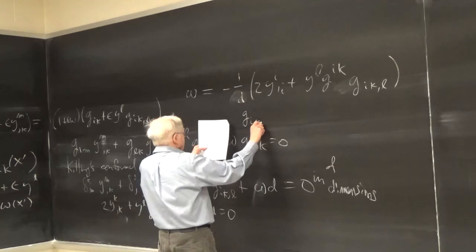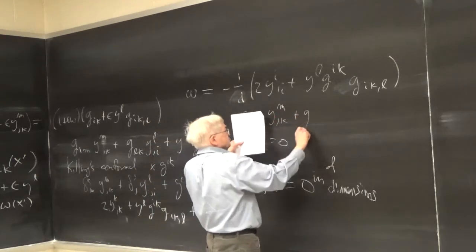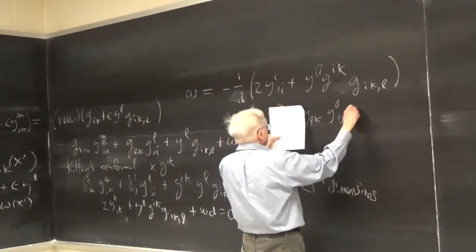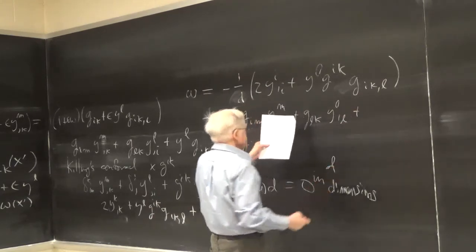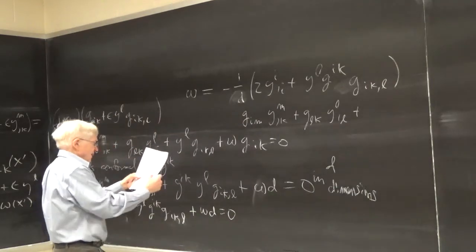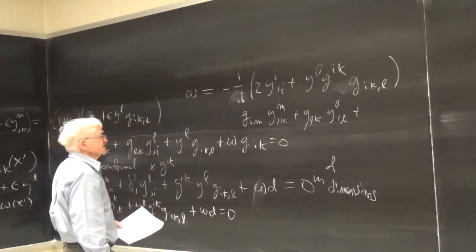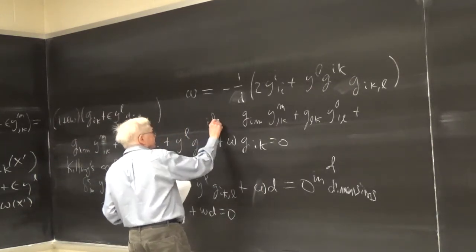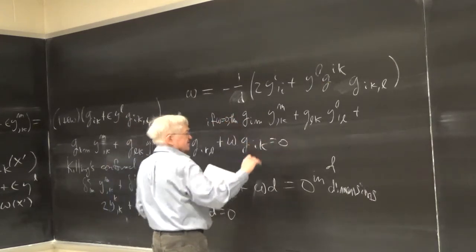We get g_im y^m_{,k} plus g_lk y^l_{,i} plus, well, I'm sorry, I just screwed up a little bit here, because this is the equation for if omega equals 0, then we get this equation.